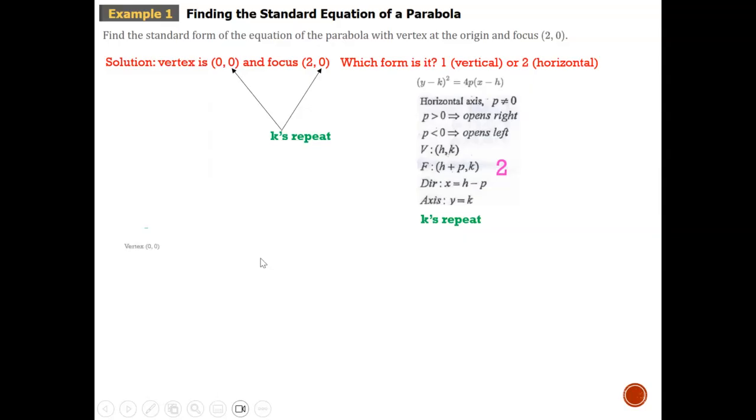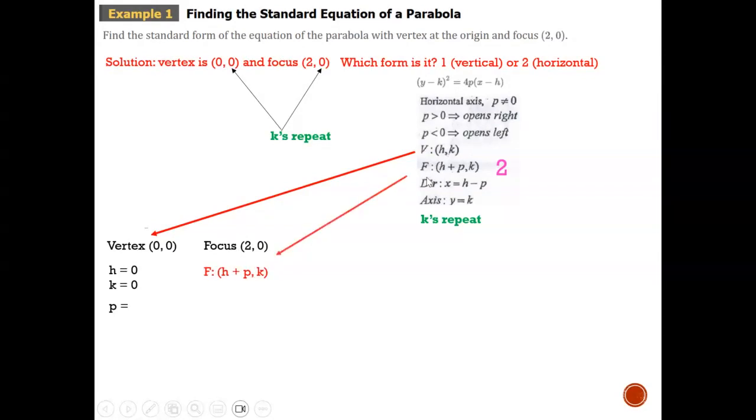Okay. So now, the vertex is (0, 0). That's my vertex, so my H, K is (0, 0). Now, I need to find my P. With the focus, we're going to find the P, because the focus will be (H plus P, K).